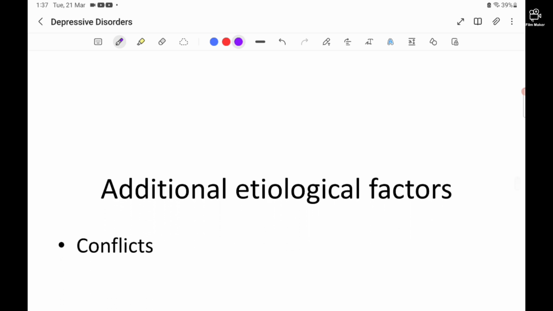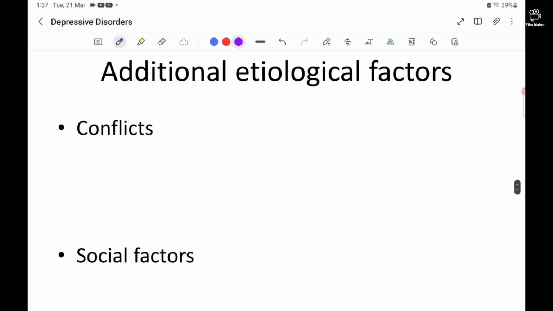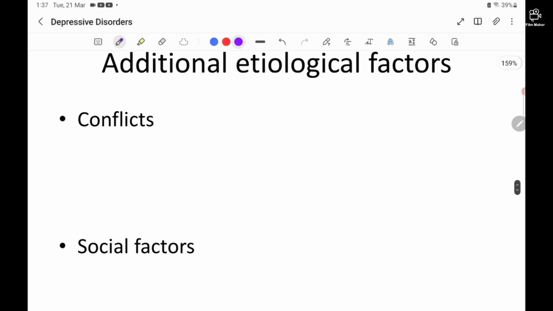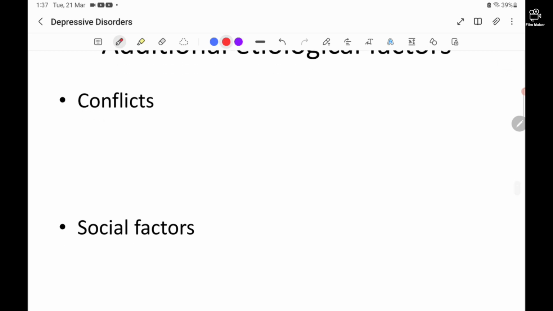Now let us describe a few more additional etiological factors. In additional etiological factors, conflicts. Conflicts can lead to depression. So what do I mean by conflicts? By conflict I mean loss of loved ones. This can be a breakup in a relationship, a divorce, death of some close relative or parents, or death of wife or husband.